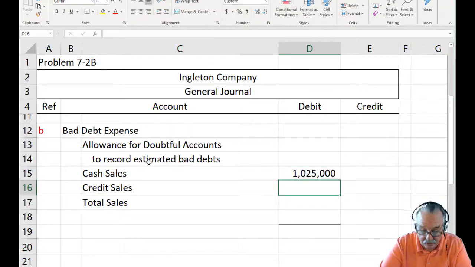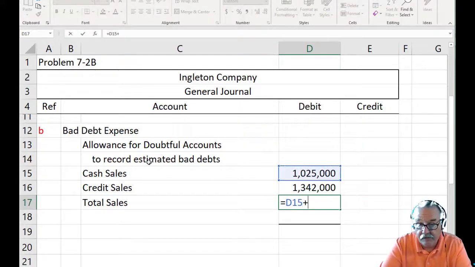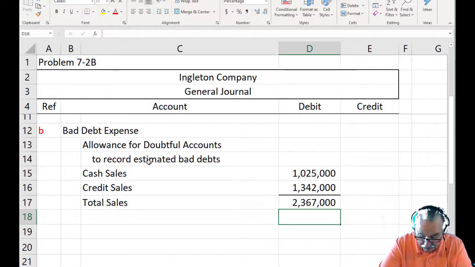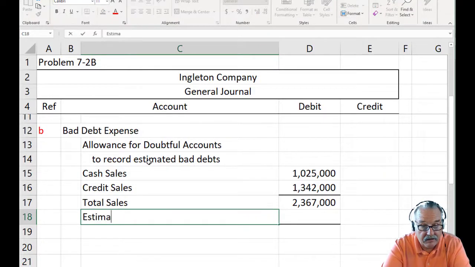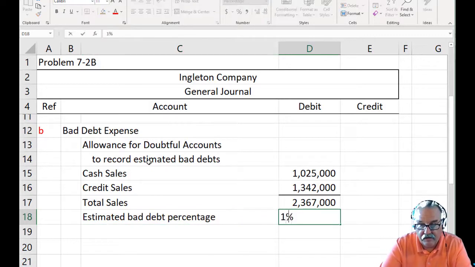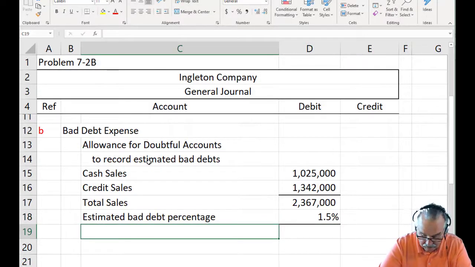Cash sales is $1,000,025. Credit sales is 1,342,000. So total sales is 2,367,000. Our estimated bad debt percentage based on total sales is 1.5%.